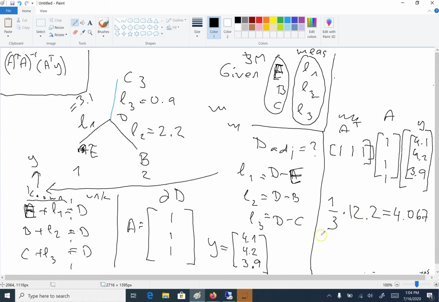Which makes sense because it's an unweighted value, and later on we'll see how the weights actually are going to influence this. So anyway, the least squares adjusted value for a single unknown or a single variable is the same as the average. So D adjusted is 4.067.